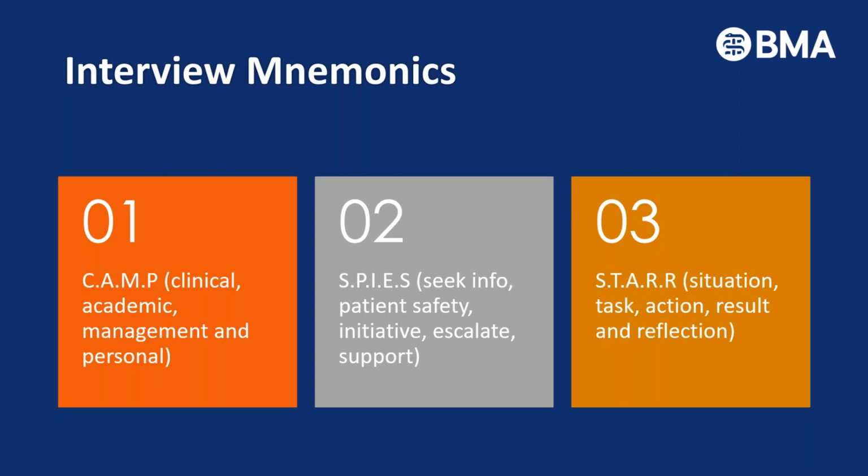What this does is it gives you a framework for you to be able to convey all the relevant information that you need to as concisely as possible. So for example, talk me through your skills and experience and suitability for this position. I'd like to talk you through 4 aspects: my clinical, my academic, my management and personal experiences that are all relevant for this role. So for example, you can then use that and then go through it.